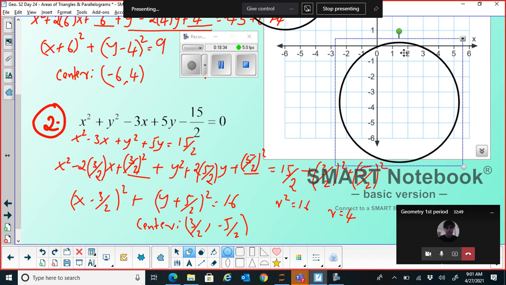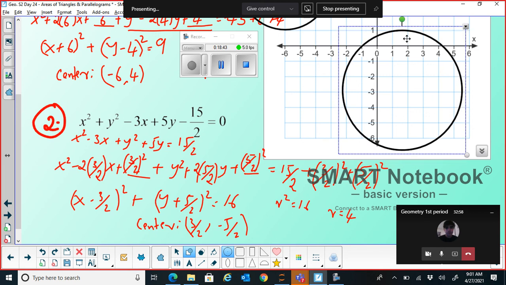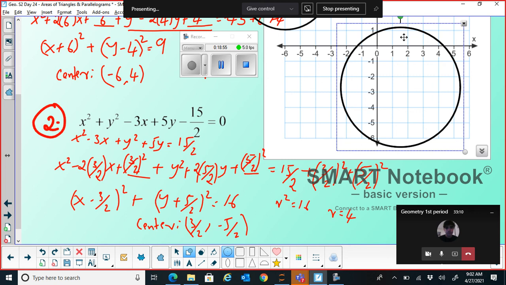First let me center along this, which is 1.5, and then let's center along this part. Okay, somewhere close to this is how your circle will be. Okay, I hope these kinds of problems are clear to you.